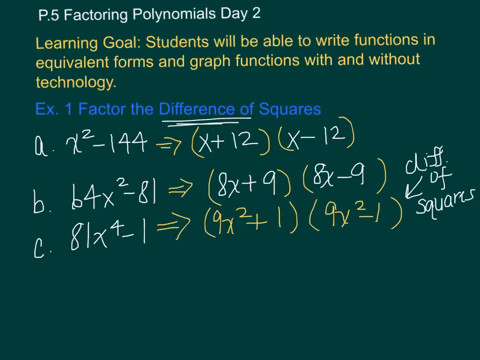So we can go further. I'm going to bring down my first factor. And this will be square root of 9x squared is 3x. And 1 is plus 1, and 1 is minus 1. So that is your factoring by difference of squares.